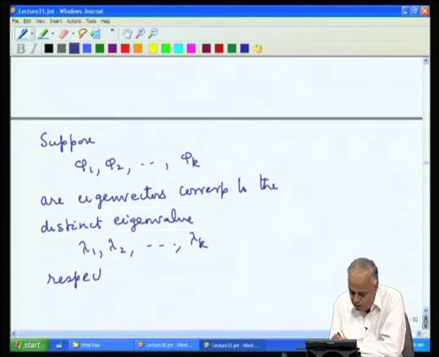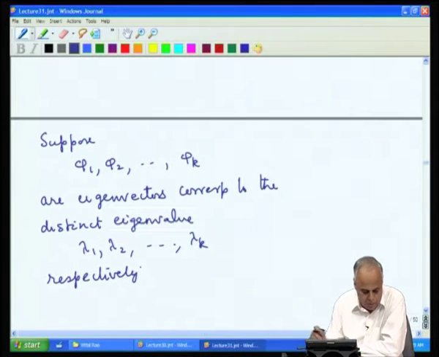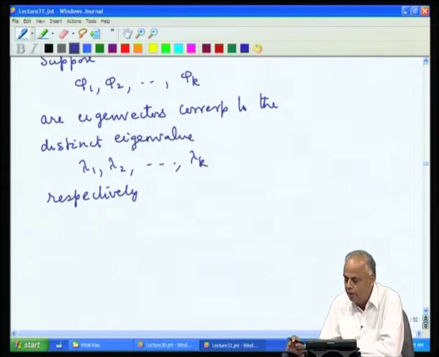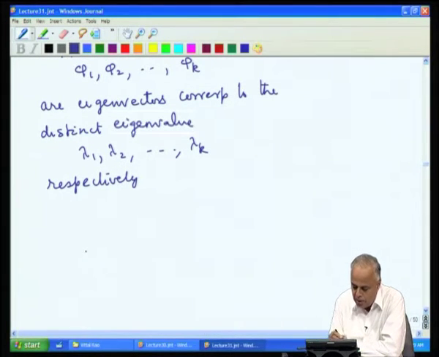So, φ₁ is the eigenvector corresponding to λ₁, φ₂ is the eigenvector corresponding to λ₂, and so on. So, what does that mean?